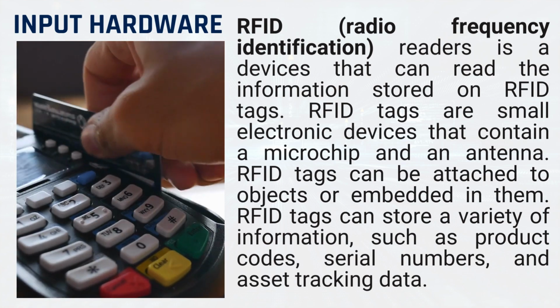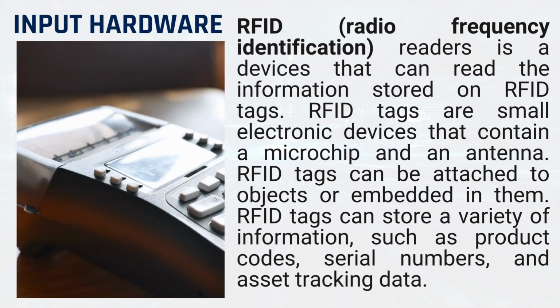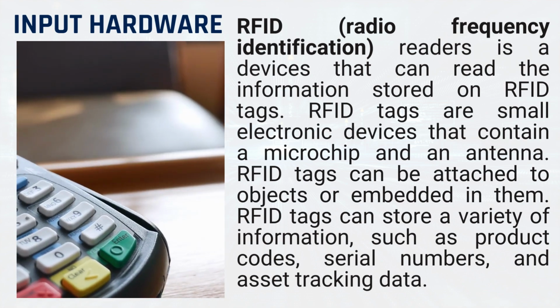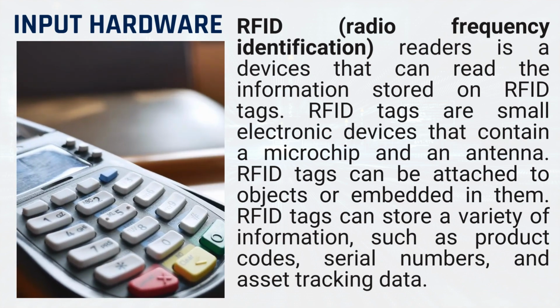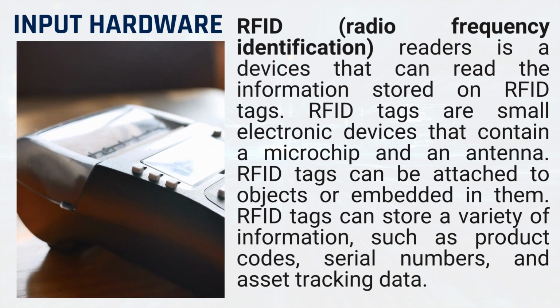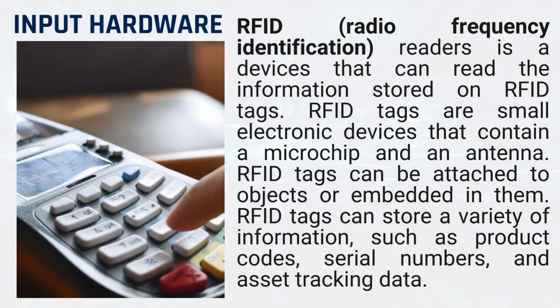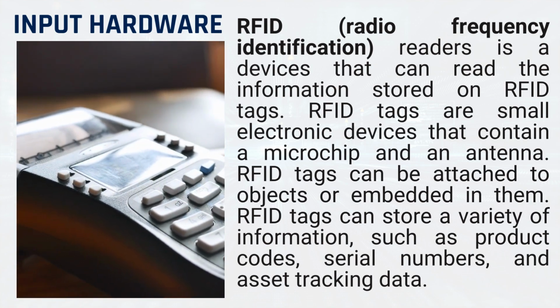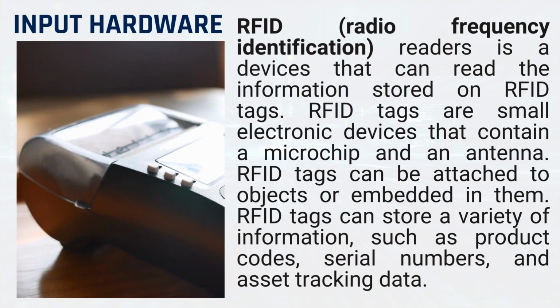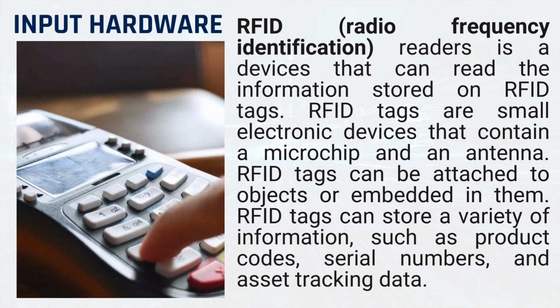RFID, radio frequency identification, readers are devices that can read the information stored on RFID tags. RFID tags are small electronic devices that contain a microchip and an antenna. RFID tags can be attached to objects or embedded in them. RFID tags can store a variety of information, such as product codes, serial numbers, and asset tracking data.